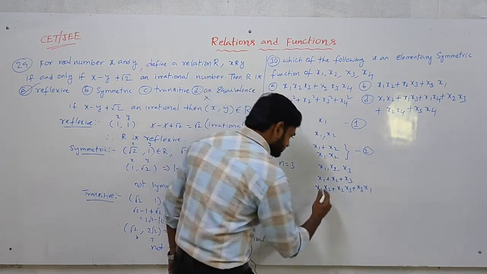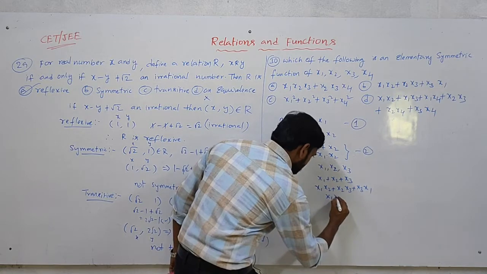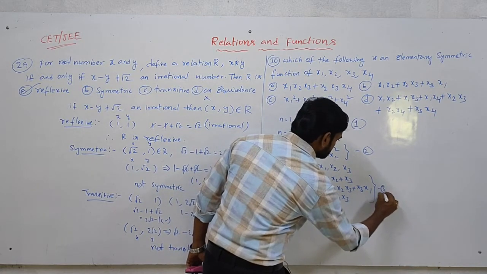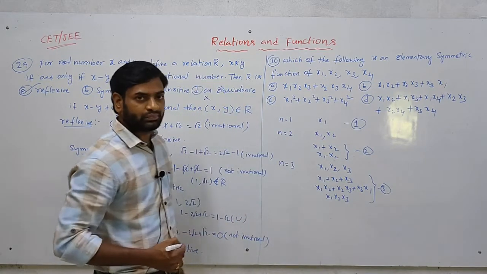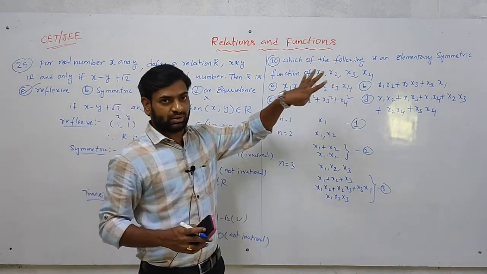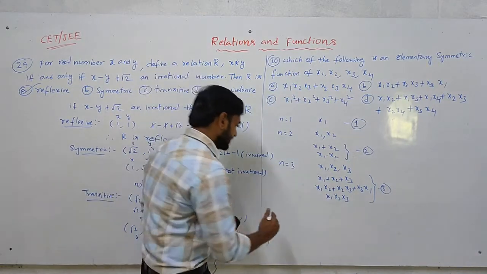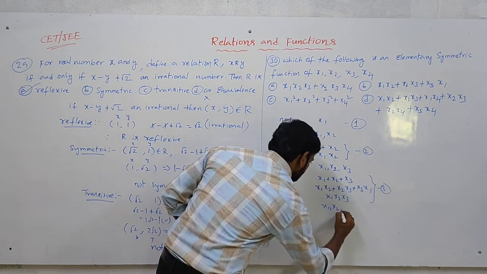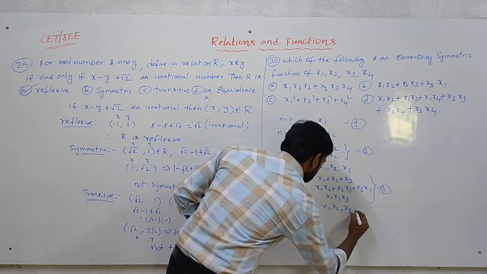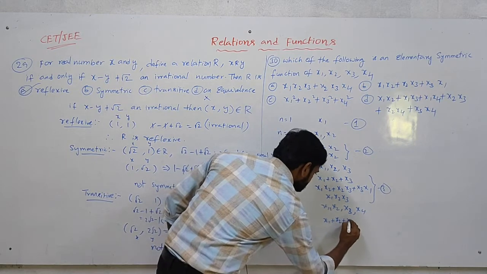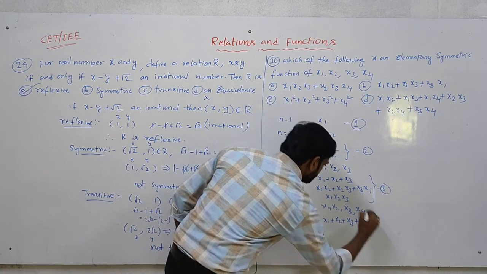Next, take 3, that is x1 x2 x3. Total 3 symmetric functions. But here what is being asked? 4 symmetric functions, so using 4 elements, n equal to 4: x1, x2, x3, x4. First one is x1 plus x2 plus x3 plus x4.